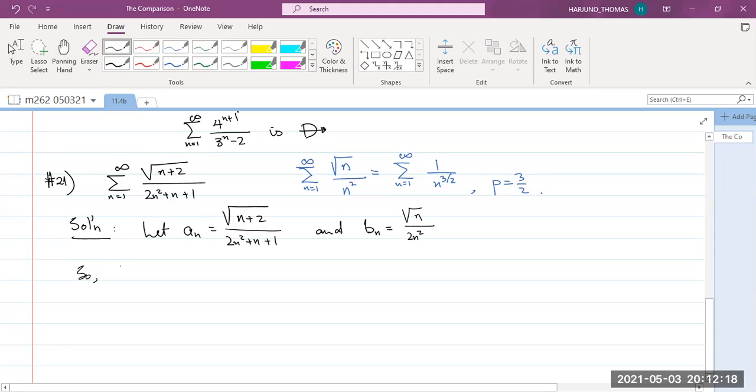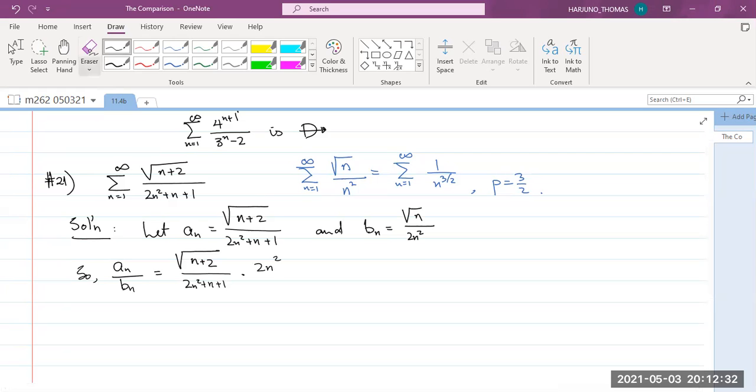So a sub n over b sub n is equal to, I will multiply by the reciprocal. Actually, I don't need that 2 here. You can use that 2 if you want.